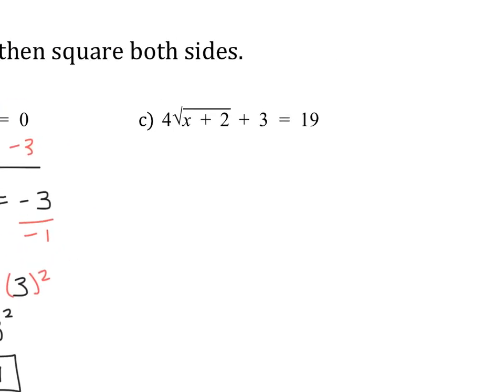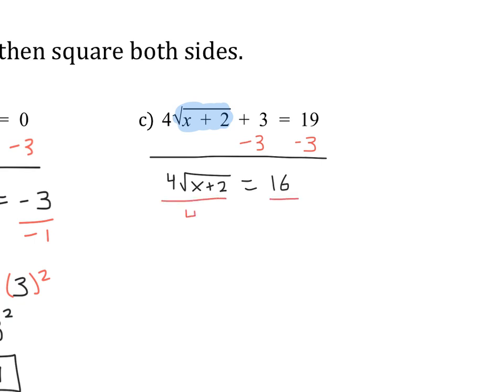And last one. This time I'm going to isolate this entire square root before we square both sides. We're going to start by doing the opposite of addition, and we're going to subtract 3 from each side. So 4 times the square root of x plus 2 equals 16. The inverse of multiplication is division, so I'm going to divide both sides by 4.